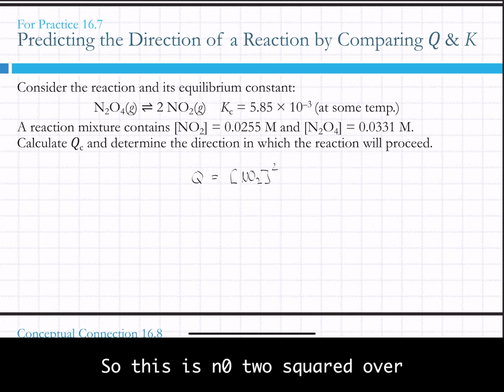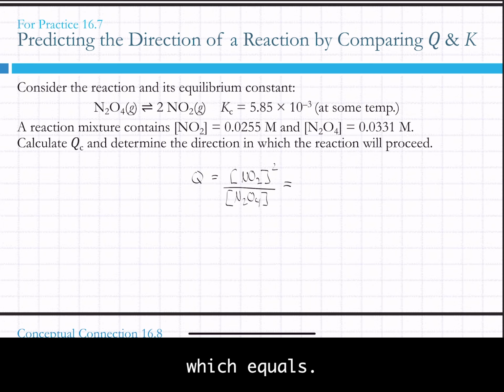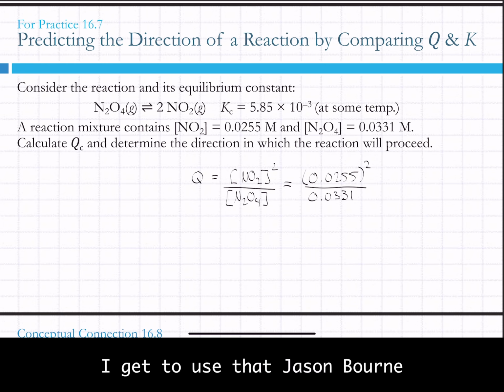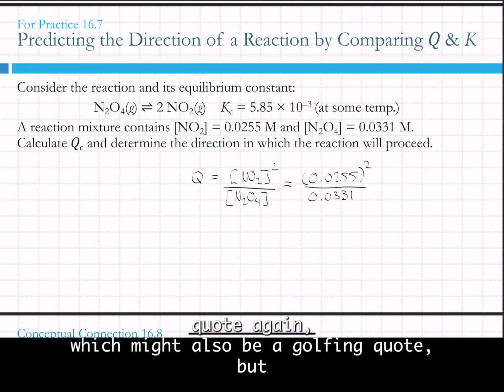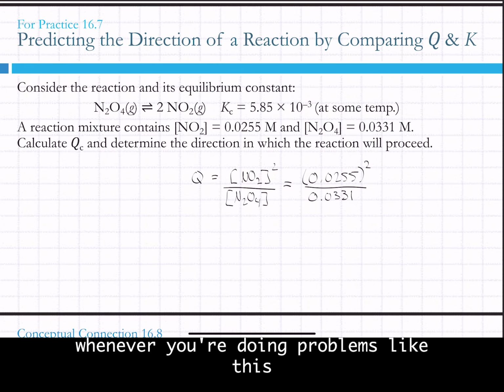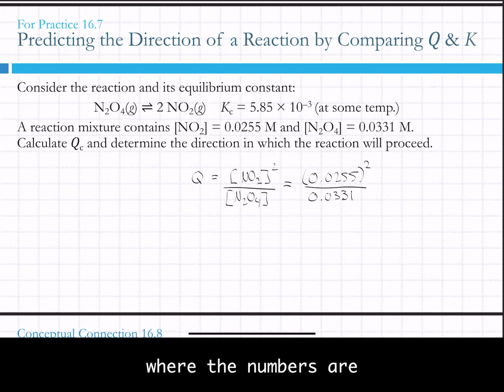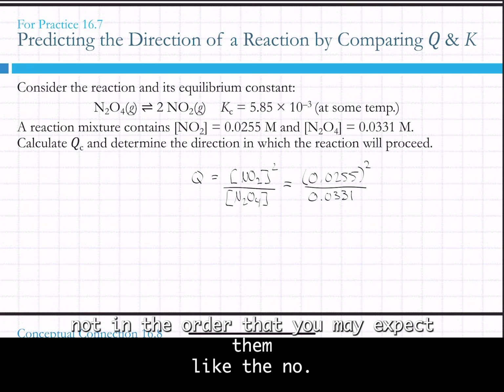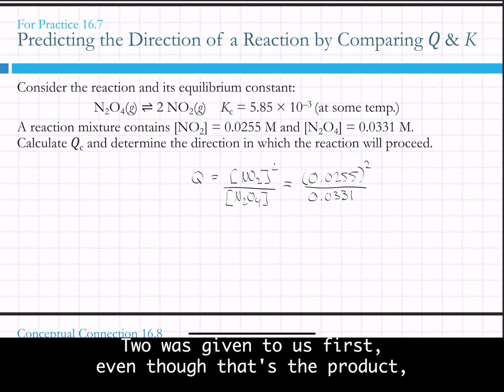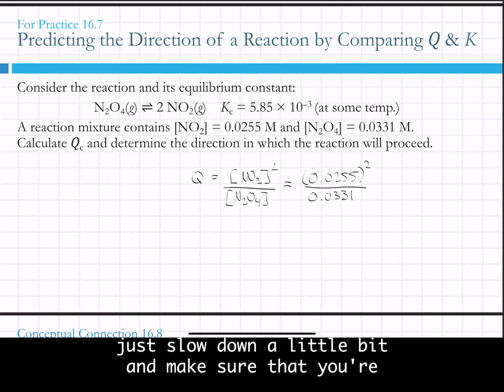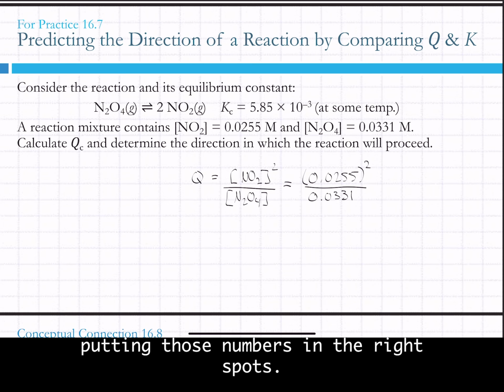So this is NO2 squared over N2O4, which equals... I get to use that Jason Bourne quote again, which might also be a golfing quote, but whenever you're doing problems like this where the numbers are not in the order that you may expect them, like the NO2 was given to us first, even though that's the product, just slow down a little bit and make sure that you're putting those numbers in the right spots.